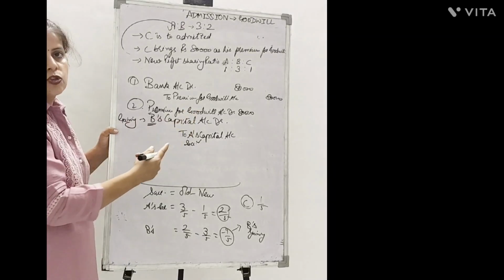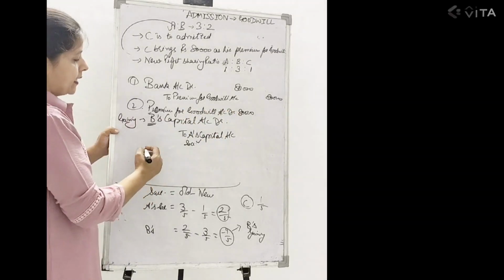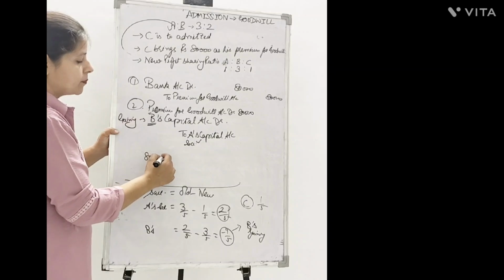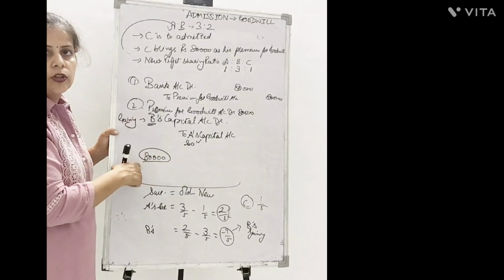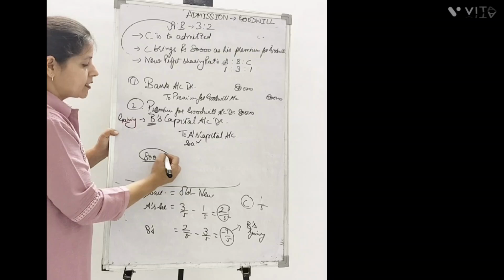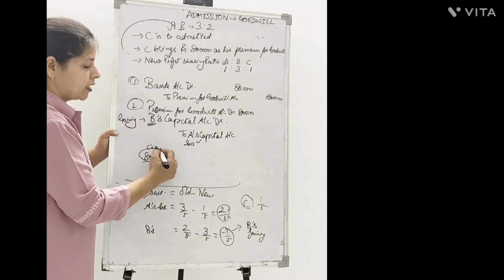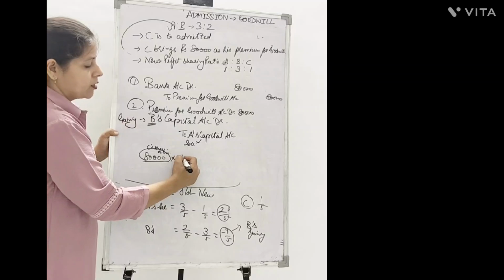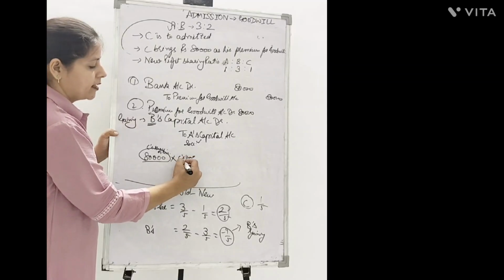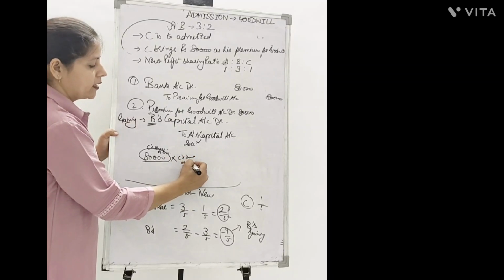Now in what manner is it to be calculated? See, 80,000 rupees was brought in as a premium for Goodwill by C. C's share of Goodwill multiplied by C's share of profit. So C's share of profit here was 1/5.